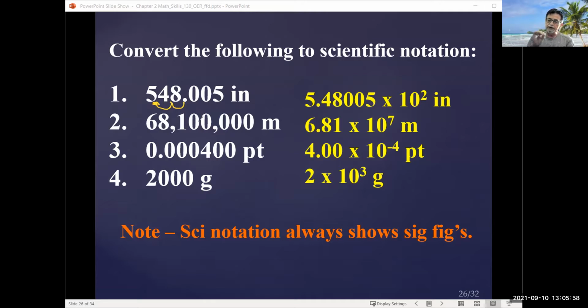Okay, the last integer, which in this case is a 5. And so we write out 5.48005, and then times 10, and then the exponent, which represents the number of decimal places that we move from where the decimal point was to the last integer going from right to left.